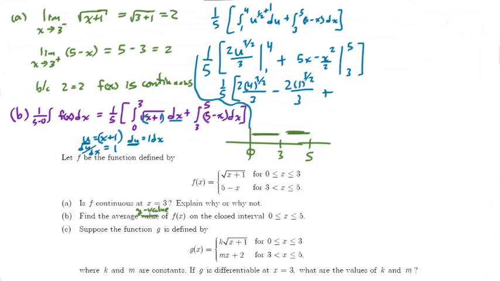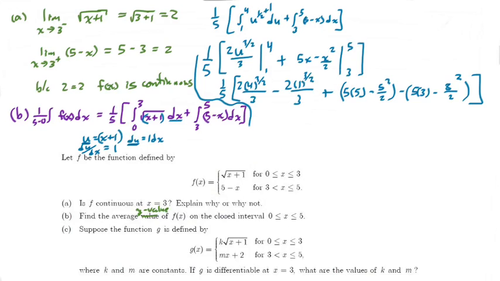Alright, and then this side's going to be 5x, no, not x, we're going to plug in 5, not squared, minus 5 squared over 2, put parentheses around it, minus 5 times 3, minus 3 raised to the 2nd power divided by 2, well, bam. Alright, close that bracket. I'm going to need a little bit more space right here.